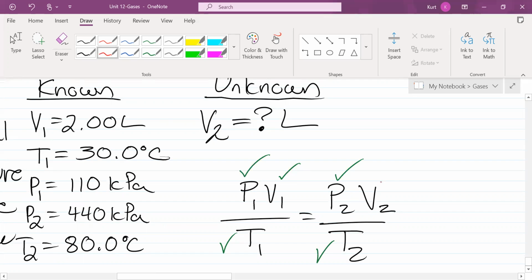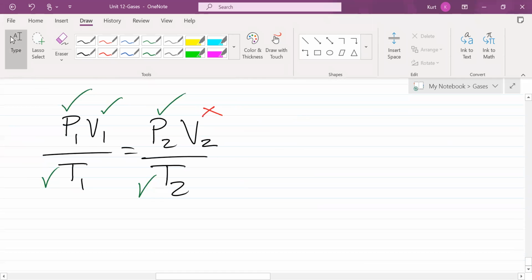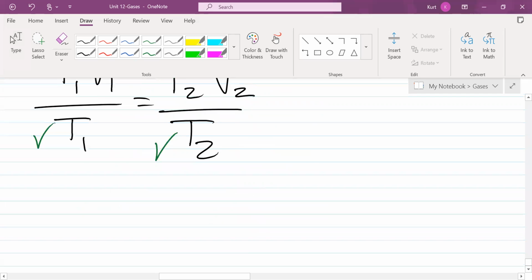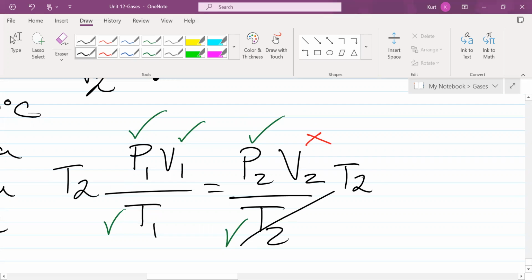We have no idea what V2 is. So Mr. Max, what's the first move I should do in trying to isolate V2 so that we may solve for it? That's right. On how many sides? Both sides. Good. So T2 is going to be multiplied on both sides. That will cancel out T2 for us.